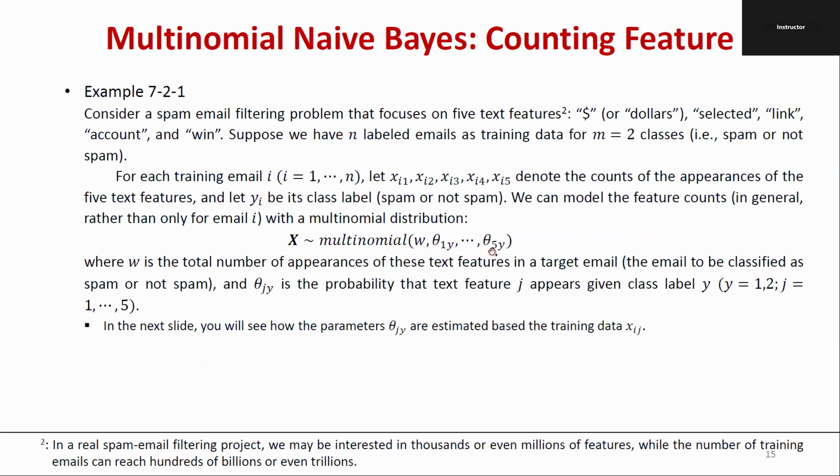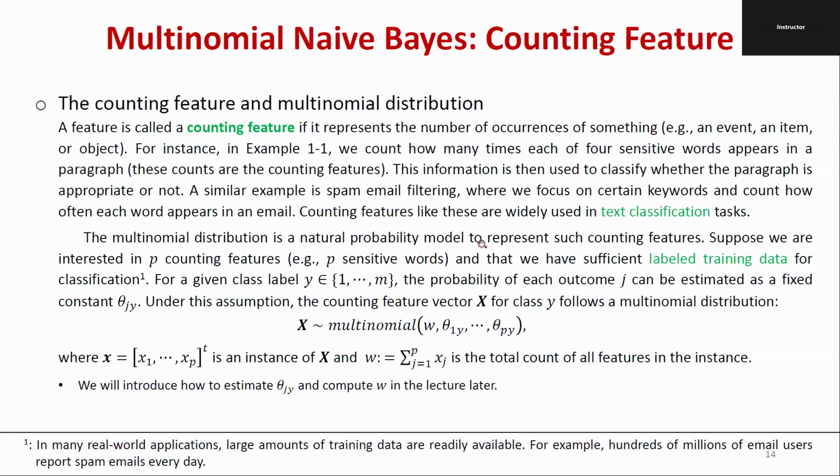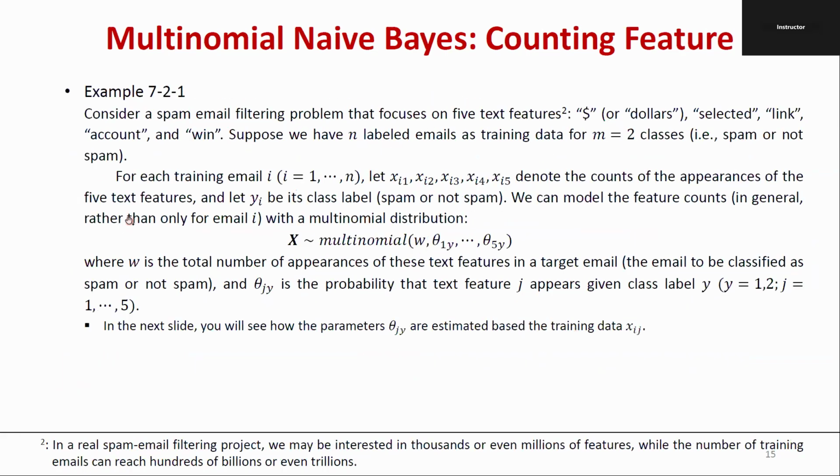Okay, now let's have a look at an example. I know these notations may make people dizzy, but an example may be easier. So consider a spam email filtering problem that focuses on 5 text features: dollars, selected, link, account, and win.